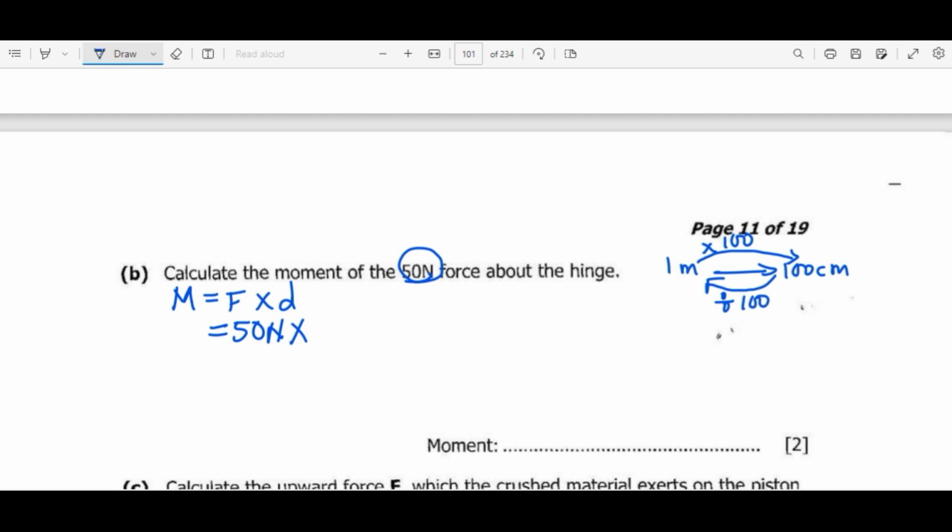So distance will be equal to 10 centimeters plus 55 centimeters, which is in total giving us 65 centimeters. So to change from centimeters into meters, we divide by 100, and this will give us 0.65 meters.